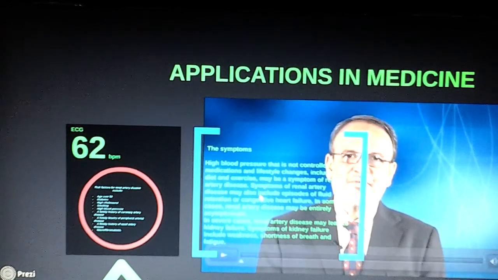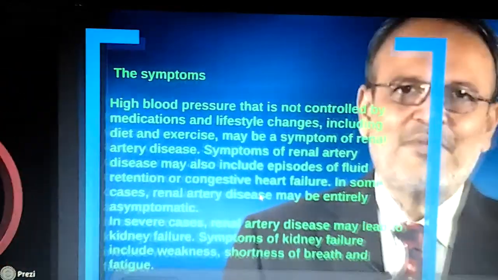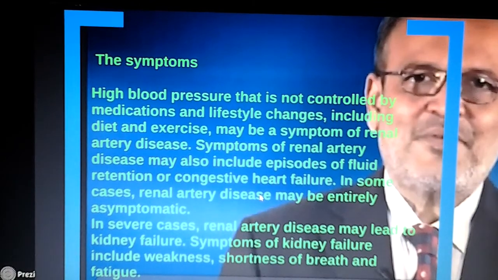Symptoms: high blood pressure that is not controlled by medication and lifestyle changes, including diet and exercise, may be a symptom of renal artery disease.